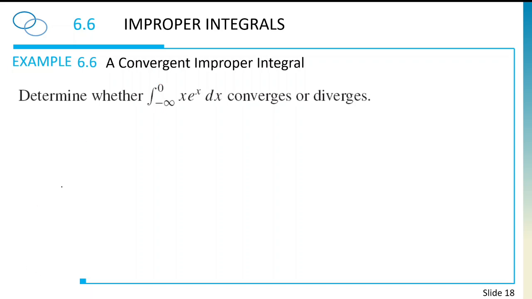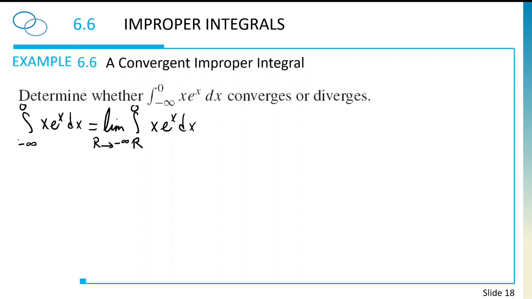What can I do in that case? I'll start with the definition. So this is the integral from negative infinity to 0 of x e to the power of x dx. According to the definition, I replace the negative infinity with r, and then I take the limit as r approaches negative infinity of the integral of x e to the power of x dx.